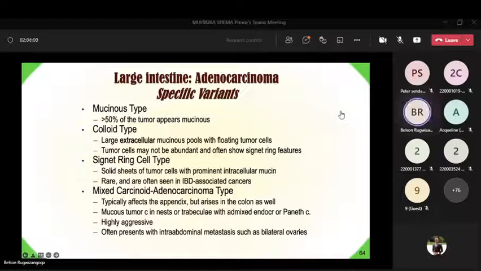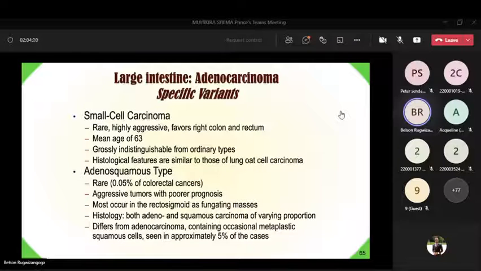Tumor cells may not be abundant and often show signet-ring features, and you have a signet-ring cell type. There is the mixed carcinoid and adenocarcinoma type, meaning you have both the usual adenocarcinoma and neuroendocrine carcinoma mixed in one tumor, mainly seen in the appendix. Then you have small cell carcinoma, which is seen in older people, and the adenosquamous type, which is very rarely seen.